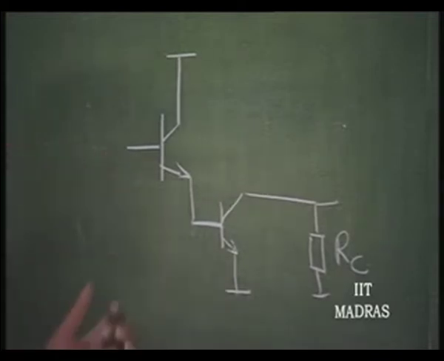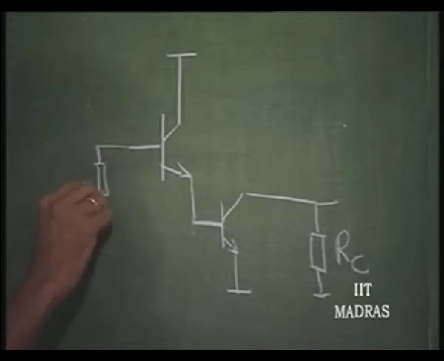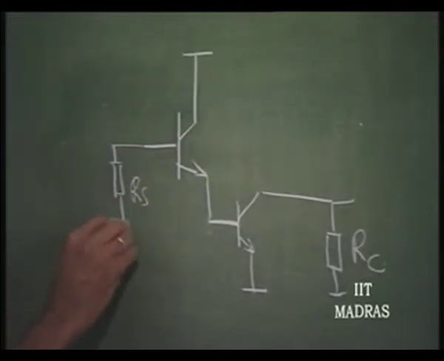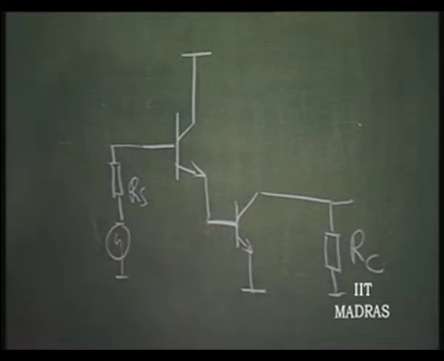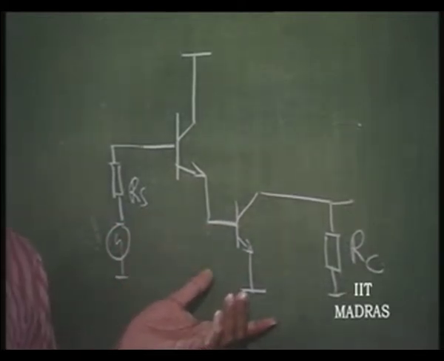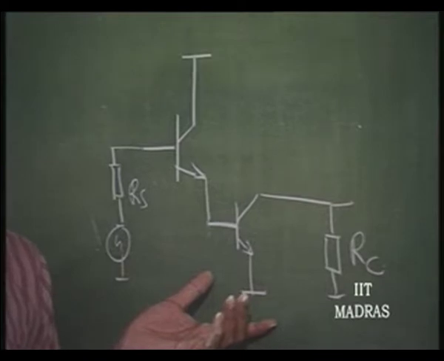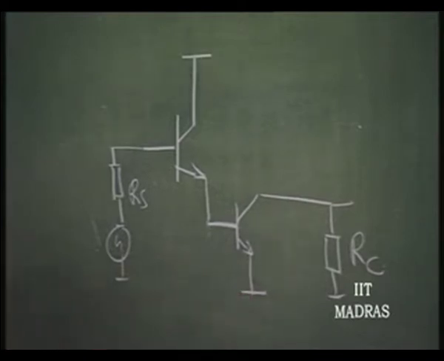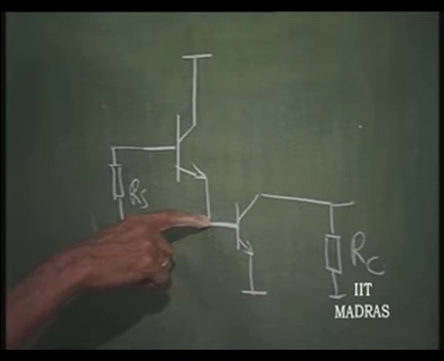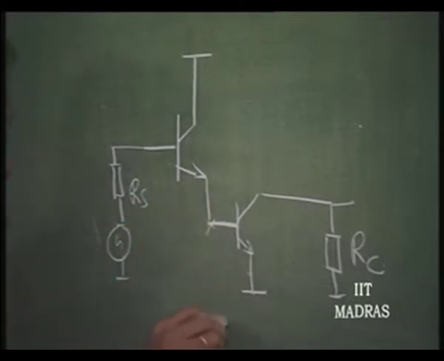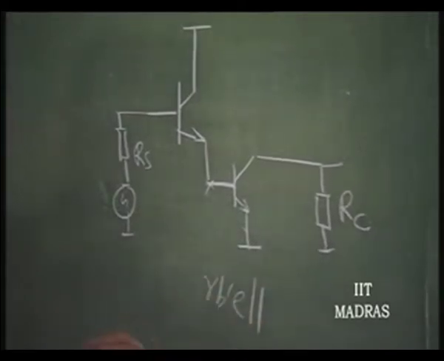Here, if Rs is pretty high, let us say Rs is not very low, if I directly connect, Rs parallel Rb dash e is going to be shunting the capacitor. If I put it through a common collector stage, then this is still Rb dash e parallel.